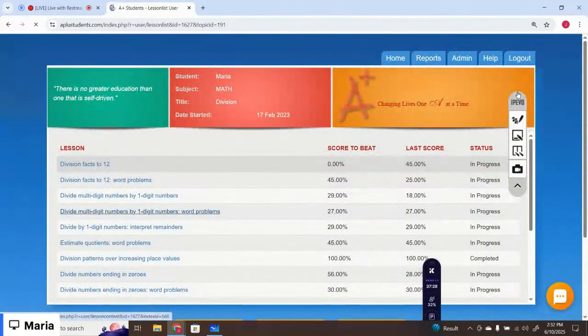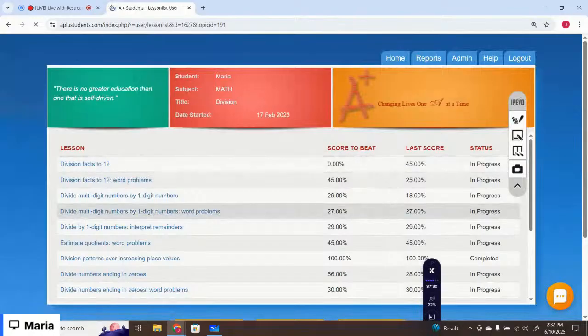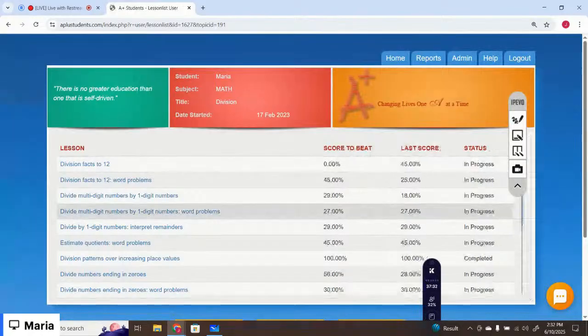That is divide multi-digit numbers by one-digit numbers word problems. Let's just start with the word problems.